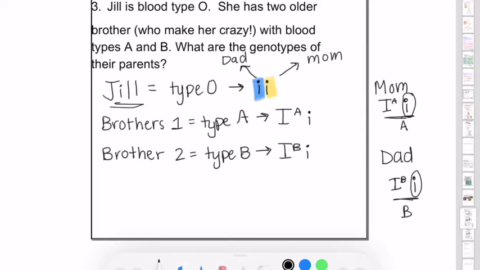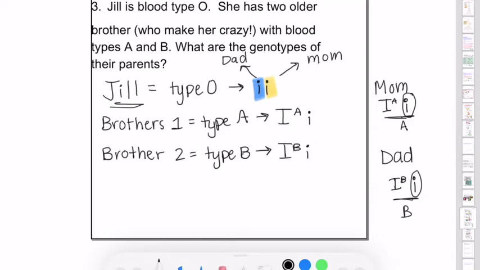If these are the parents' genotypes, they could actually have a child with blood type AB, because we could have an A from the mom and a B from the dad. So these parents actually could have any type of blood type child. They could have A, B, AB, and O. They have all of the possibilities.